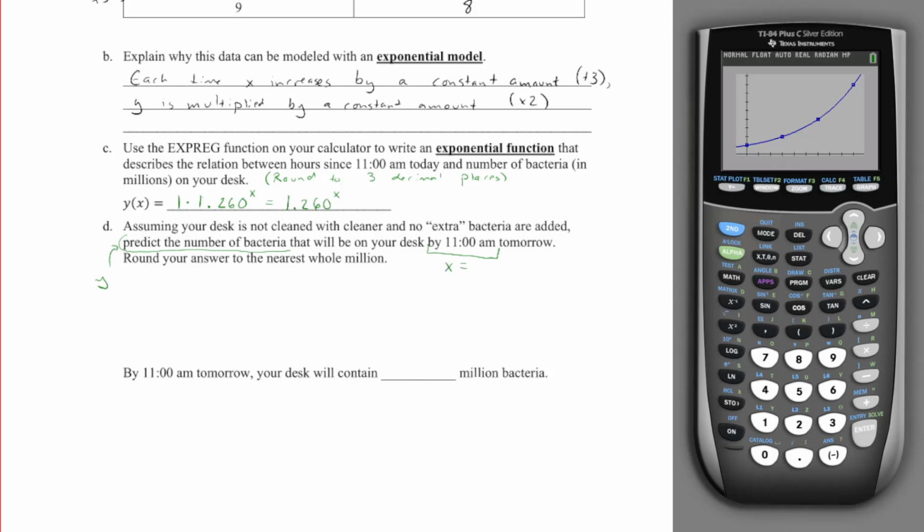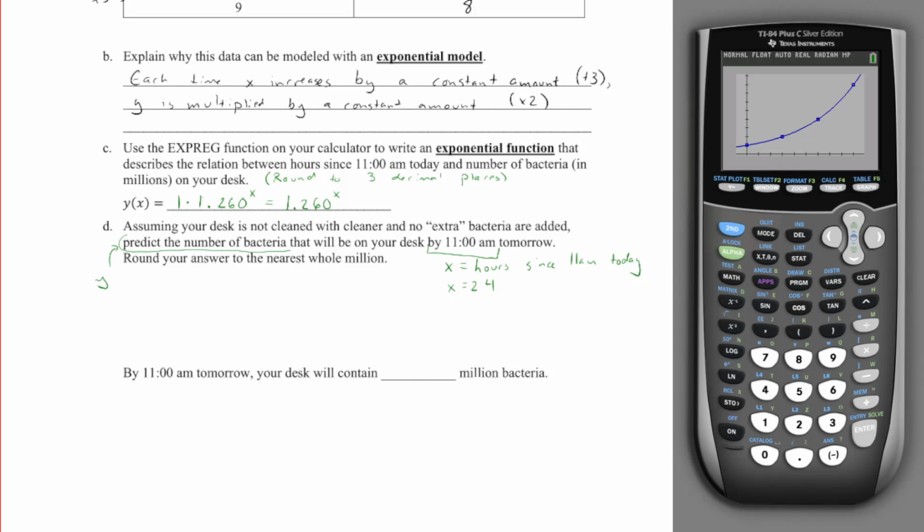X represents the hours since 11 a.m. today. So by 11 a.m. tomorrow, 24 hours will have passed. So x equals 24.